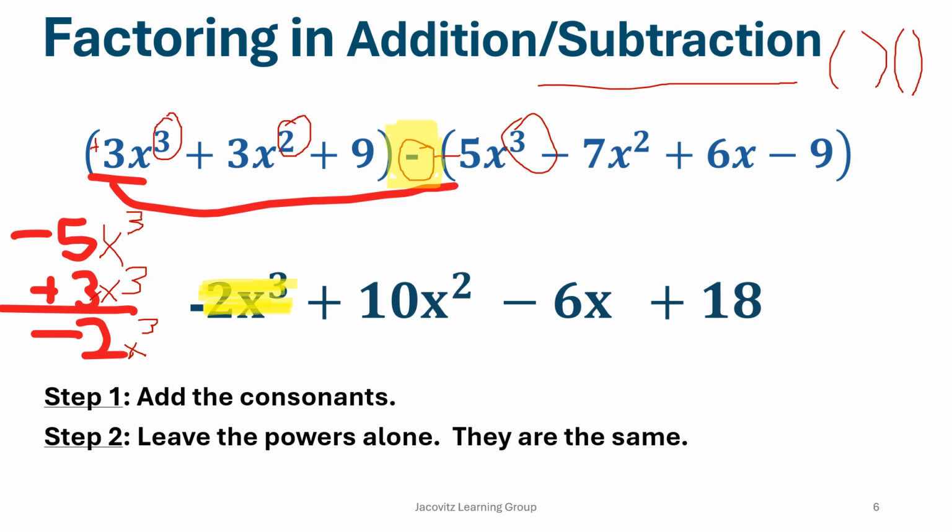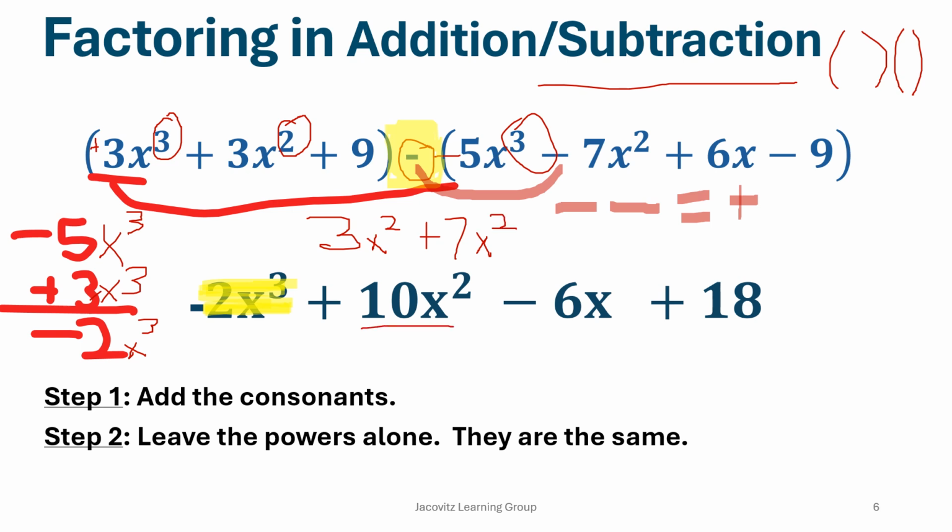Let's take care of this. Positive right here, 3x squared. Now let's take this, negative times a negative equals a positive. So that is positive 7x squared. 3x squared plus 7x squared is going to give you 10x squared. 6x is alone.